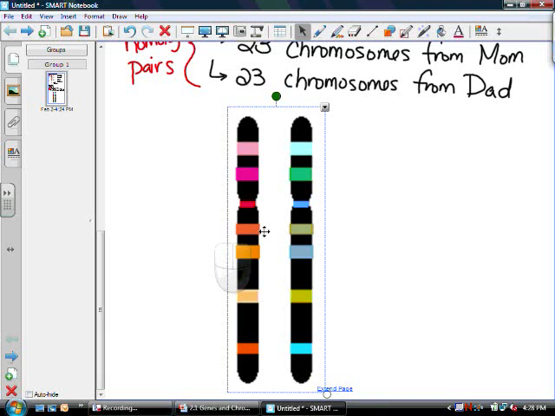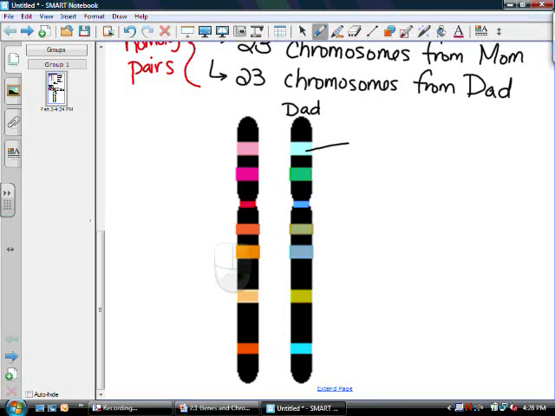Perhaps this being dad, this being mom, signified by a difference in colors, greens and blues for dad, pinks and orangey yellows for mom.